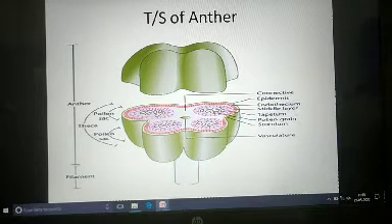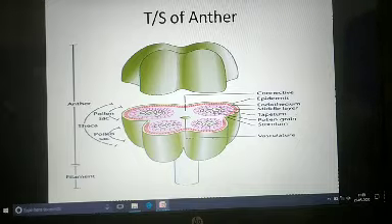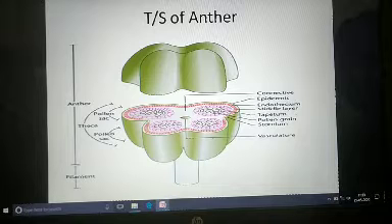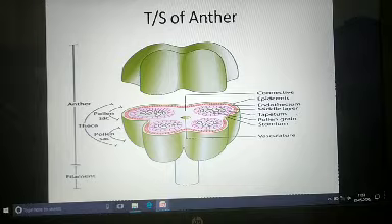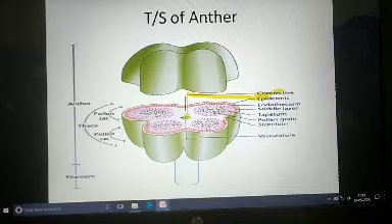Now let us study the transverse section of the anther. When the anther is cut transversely, you can see the parts like this. In the center there is a connective. The connective connects to the filament, and the outermost layer is the epidermis.